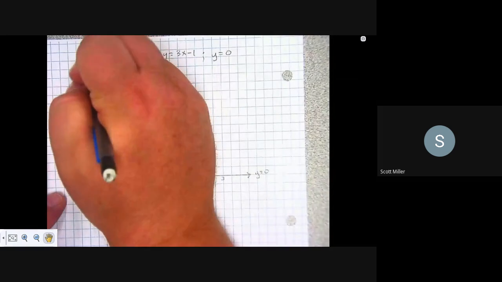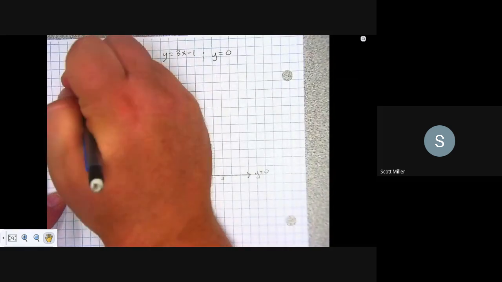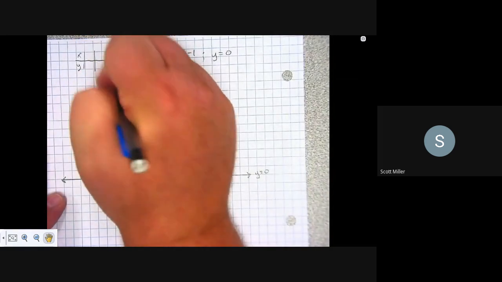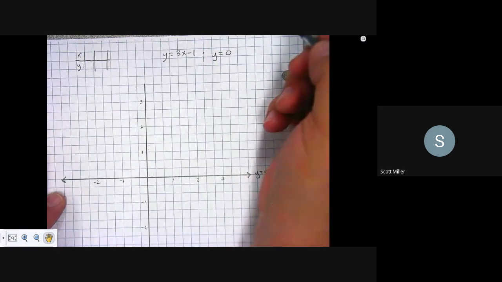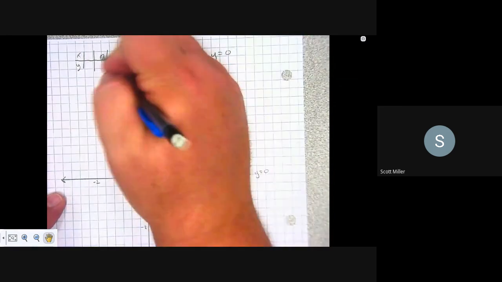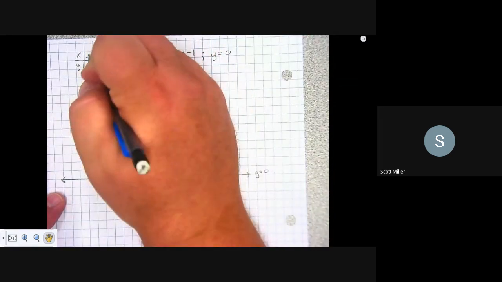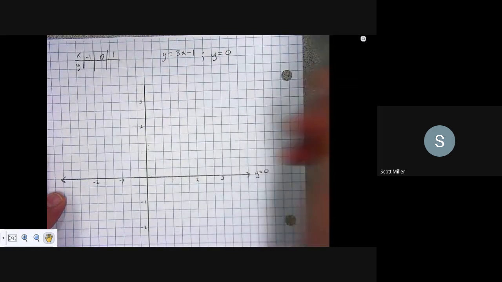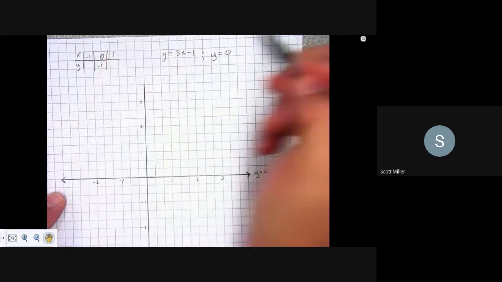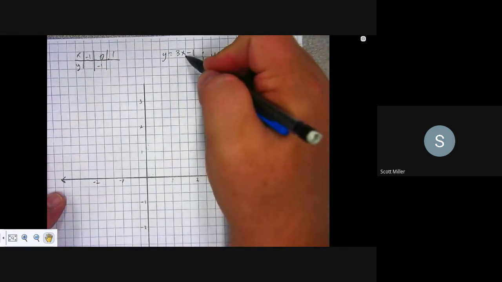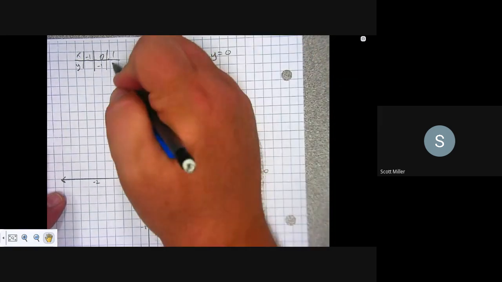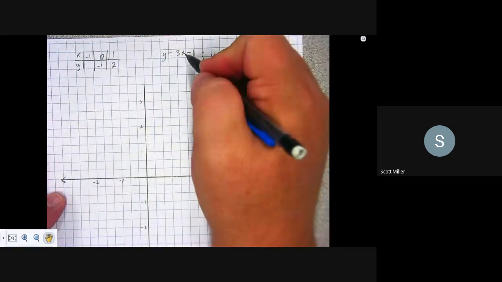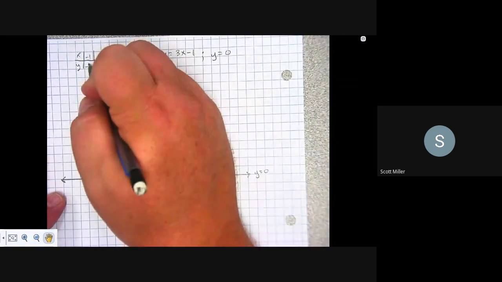If you make a table, you just plug in some numbers: 0, and 1 above it, and 1 below it. If I plug in 0, I get -1. If I plug in 1, I get 3 minus 1, which is 2. And if I plug in -1, I get -4.